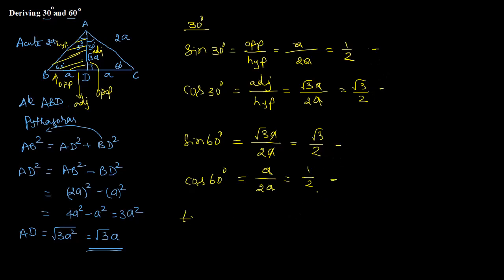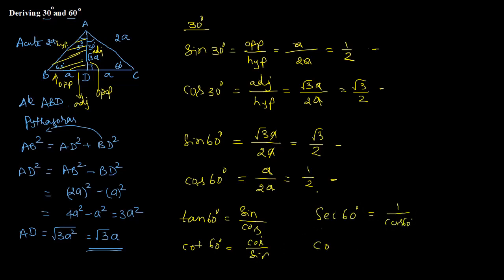Similarly, you can write tan 60 in terms of sine by cos, cot 60 as cos by sine, secant 60 is 1 by cos 60, cosecant 60 is 1 by sine 60.